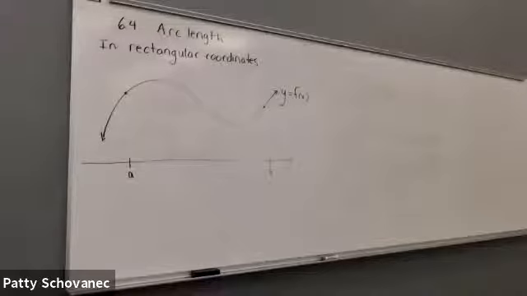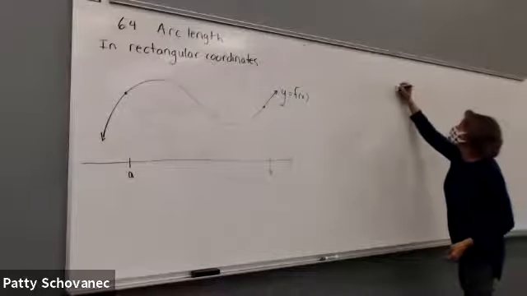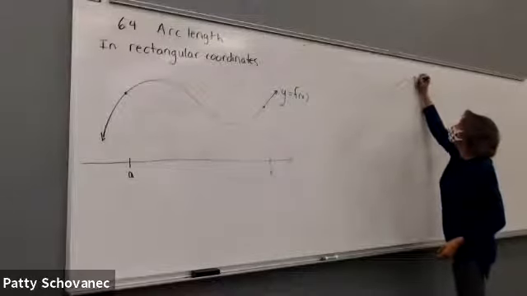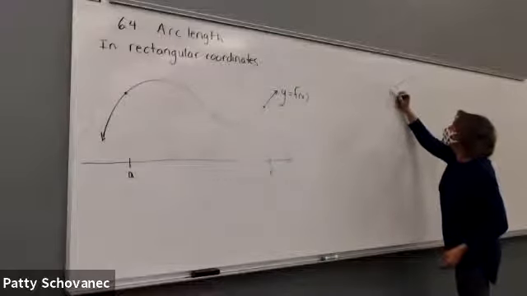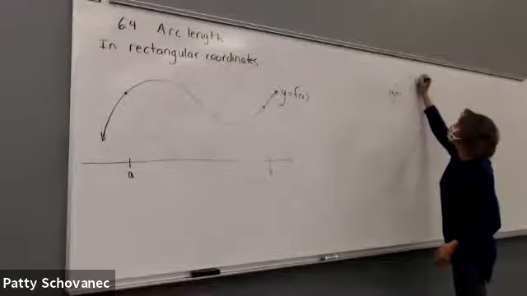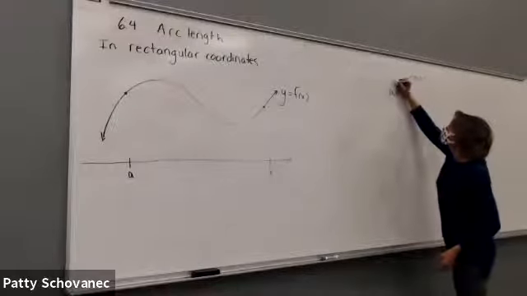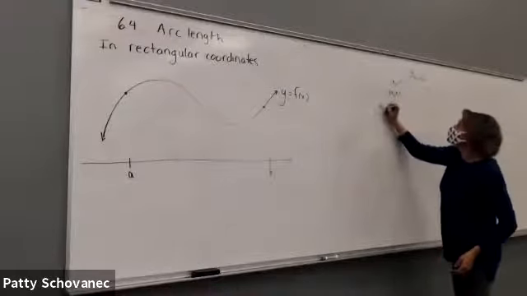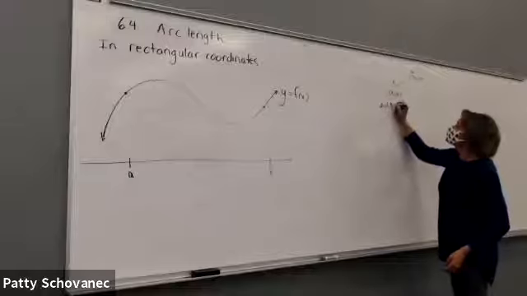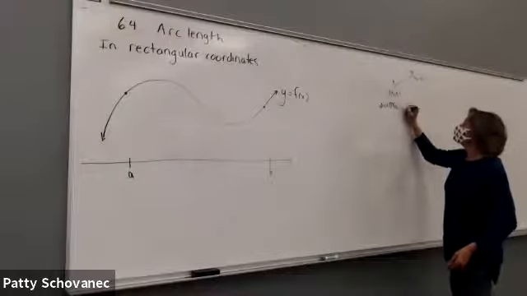Because I can find the distance or length of a line segment with the distance formula or the Pythagorean theorem, right? If I have a straight line from x1, y1 out to x2, y2, that's point P and that's point Q. The distance between point P and Q is what?